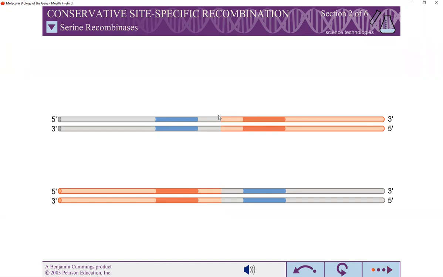Firstly, it will cleave the phosphodiester bond in the pre-existing strand that was present between the blue and the blue strand, conserve the energy, use that energy in order to remove the negative or the positive supercoiling, and then the ligation reaction will take place, joining the phosphodiester bond in such a manner that the genes have been exchanged between the two target DNA molecules.